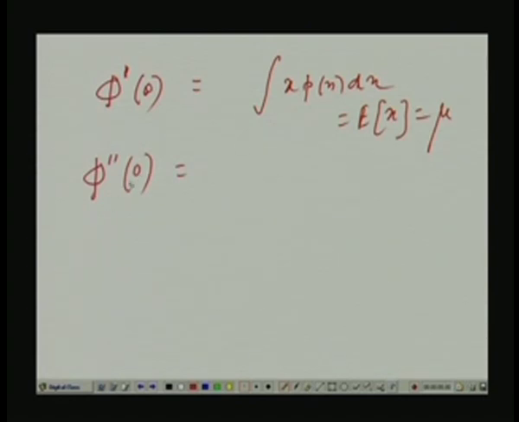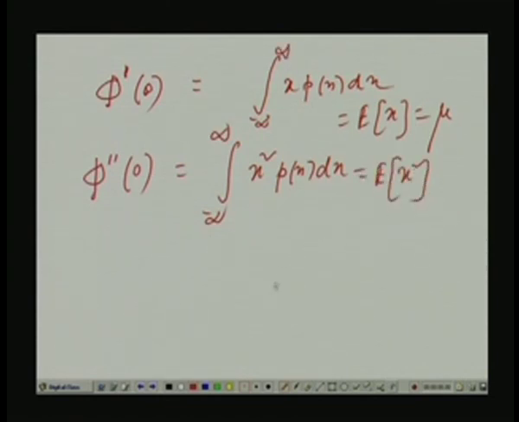That is nothing but, as we have proved earlier, the integral of x square P x dx, and we know this is equal to mu square plus sigma square.